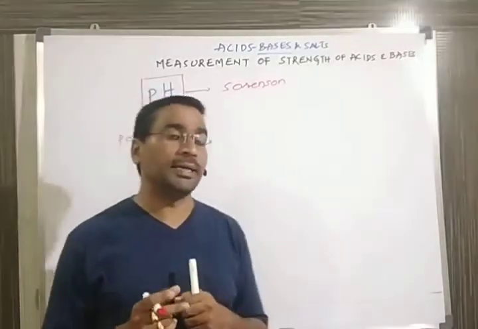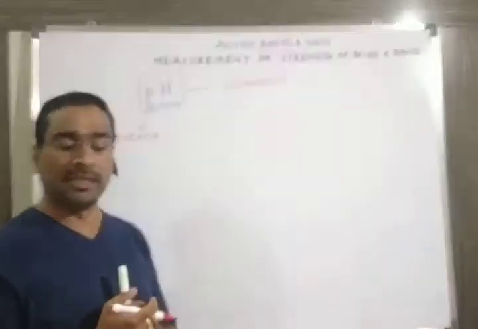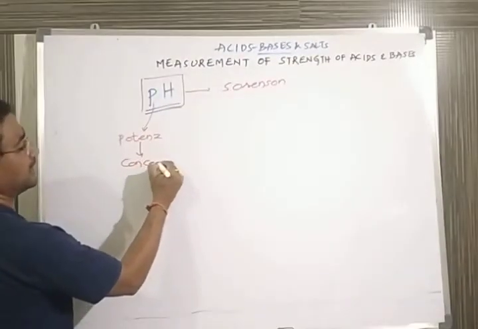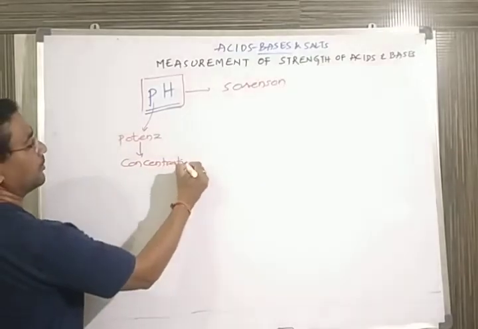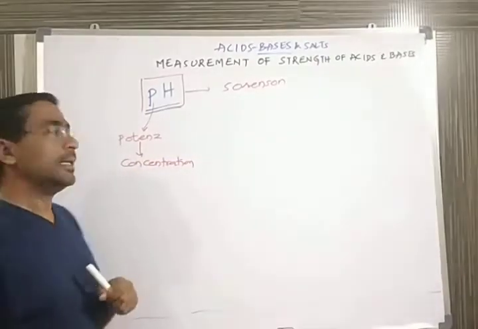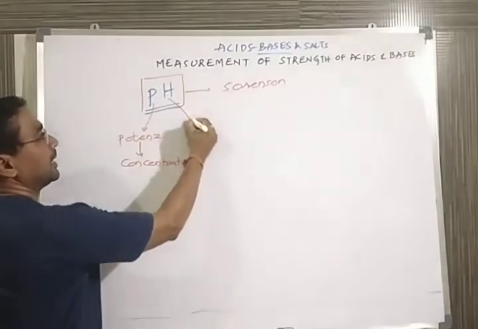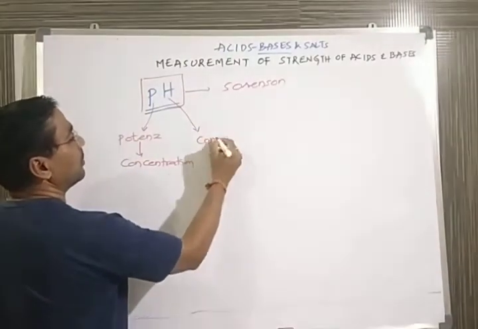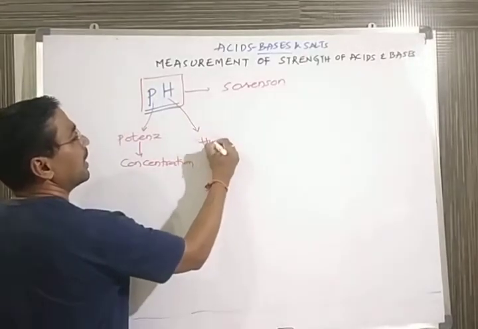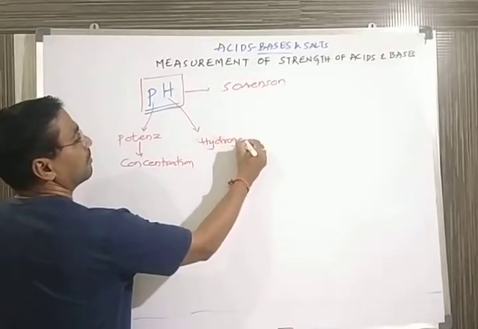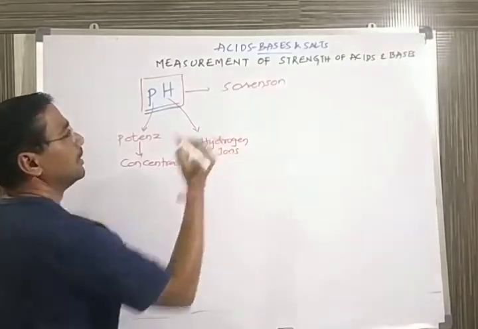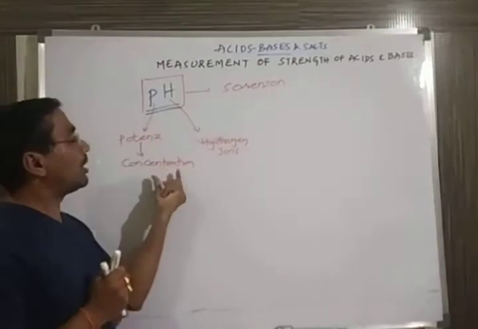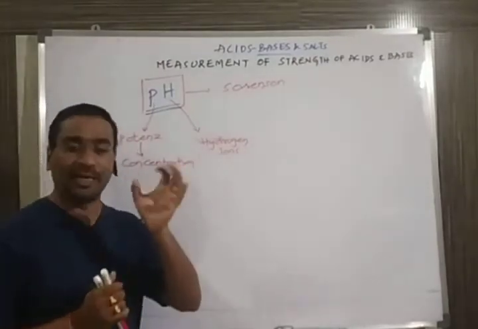Potence is a German word, and its meaning is concentration. The capital H indicates the hydrogen ion. So pH indicates the concentration of hydrogen ions.